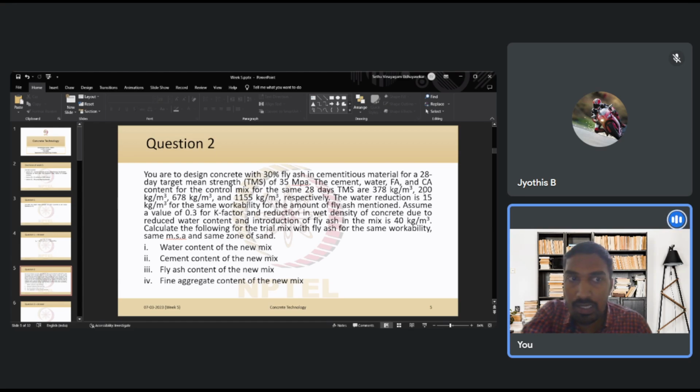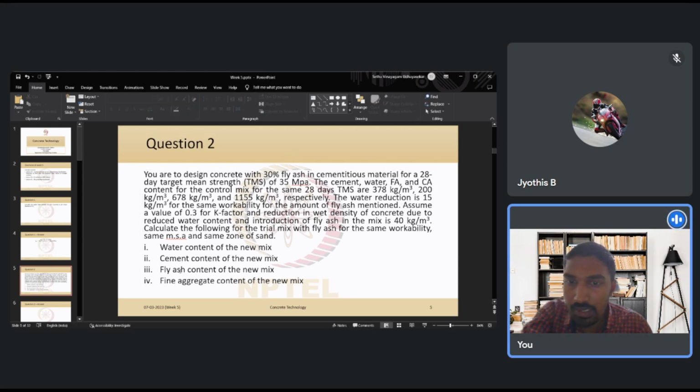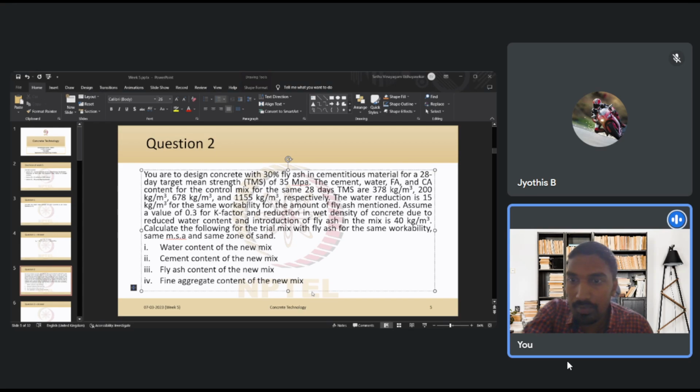Because of that, there is some water reduction and also some wet density reduction. That is the trial mix, and for that new trial mix where fly ash is added, we need to determine 4 quantities: the water content, cement content, fly ash and the fine aggregate content. We will do this one by one. Let's find out the water content first. You can take a minute to calculate the water content, and when you are ready you can answer in the chat, then we'll look at the solution.